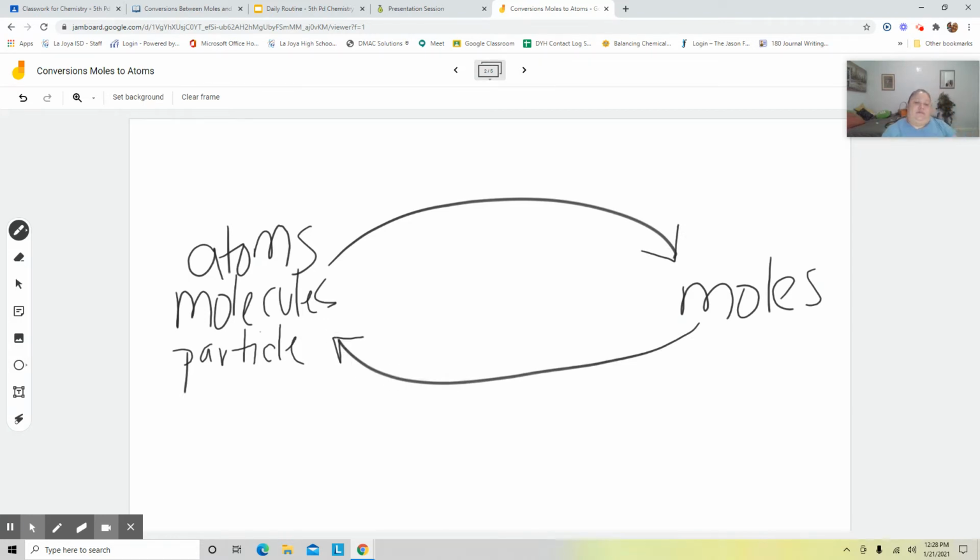All right. If you are in atoms going to moles, you are going to take your given atoms, molecules, or particles, and you're going to divide it by Avogadro's number. Okay. So I'm just going to put given atoms, and remember, M is for molecules and P is for particles. And I'm going to divide it by Avogadro's number.